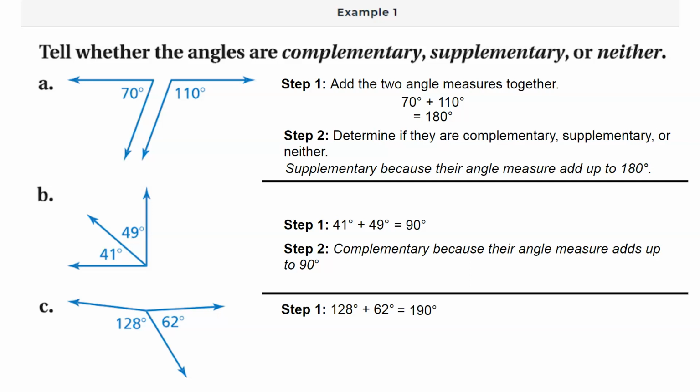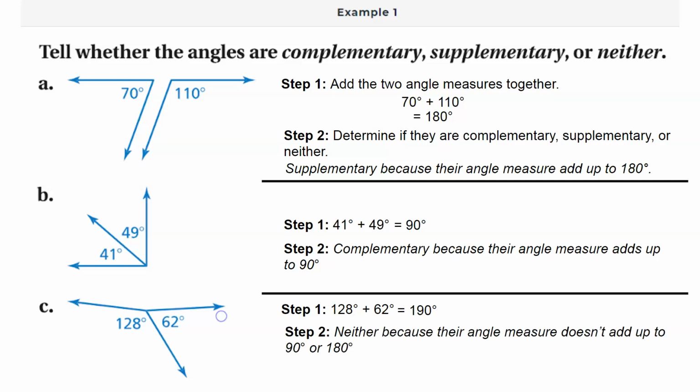Step 2 is to determine if they are complementary, supplementary, or neither. I hope you said that they are neither because the angle measure doesn't add up to 90 degrees, which is complementary, or 180 degrees, which is supplementary. It's above both of those, so it is neither of those.